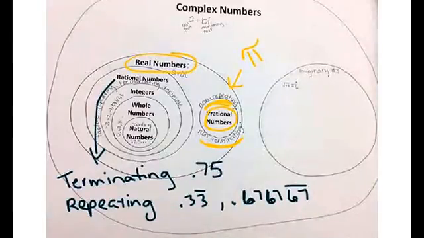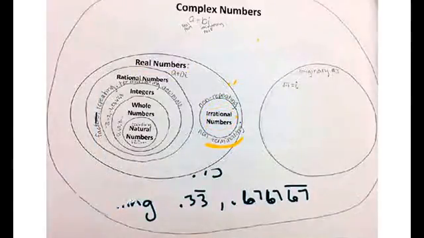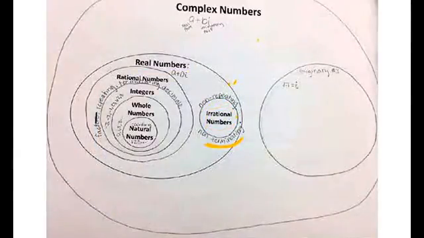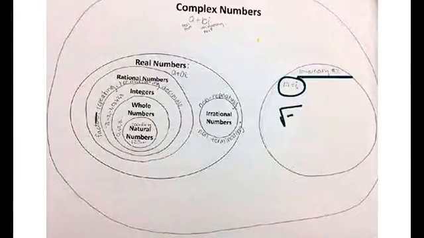I'm going to erase all of this, actually. Now, you may be saying, what else is there? Well, the opposite of real is imaginary. Imaginary numbers. Now, what you can't see very well right here, the square root of -1 will from now on be referred to as i.